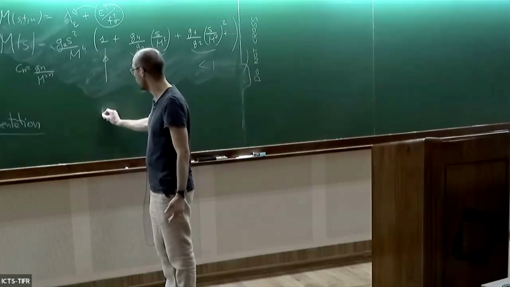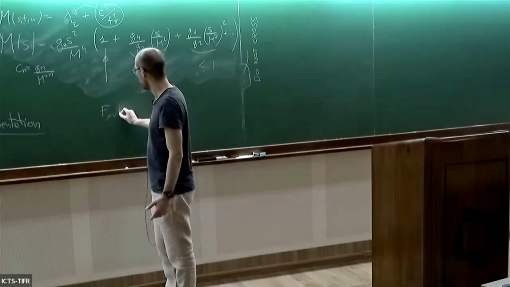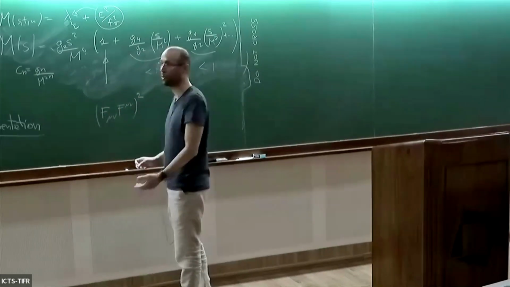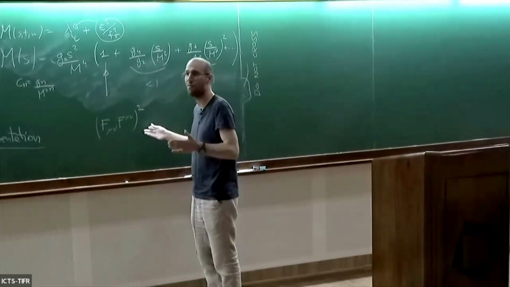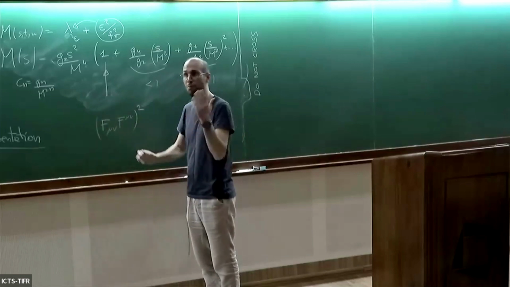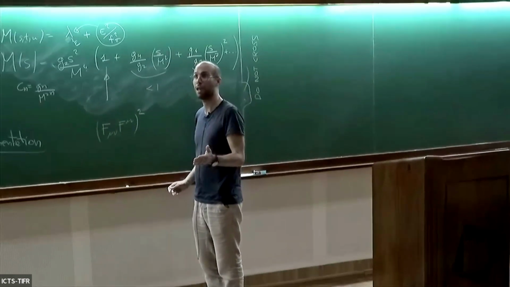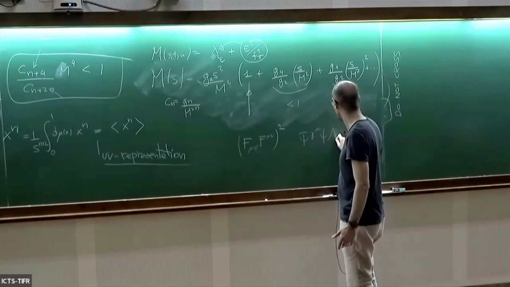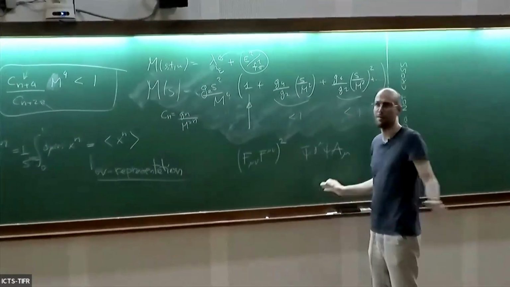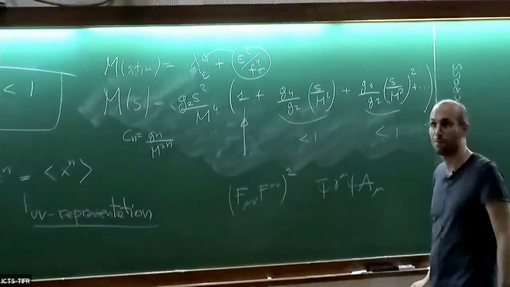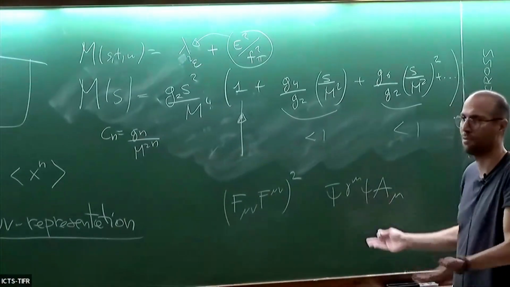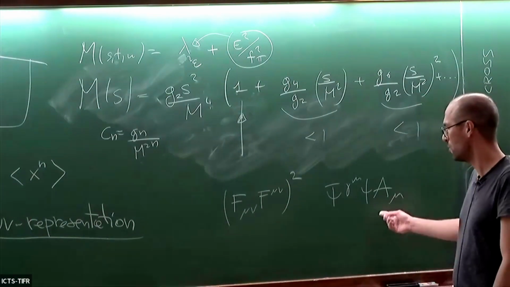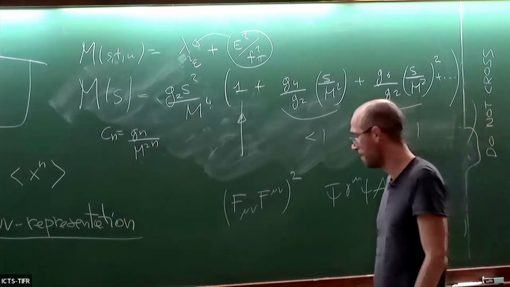For example, in the photon theory, the first operator that contributes to the amplitude is dimension 8, very relevant, boom, positive, immediately you get it. Instead, in QED, the marginal operator, it doesn't say anything. Of course, charge is not constrained.